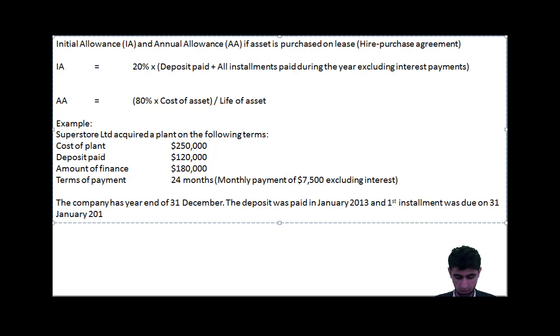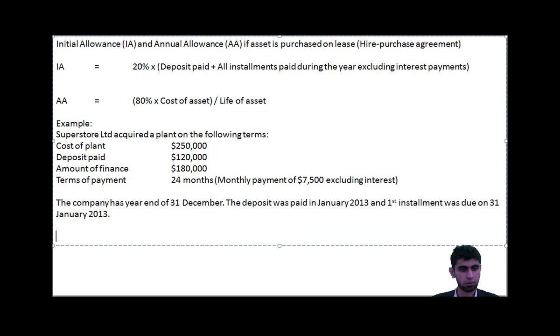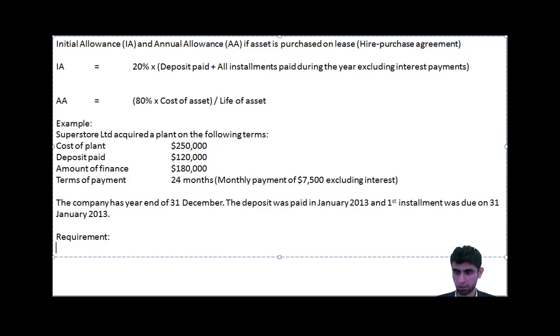Yep. So the requirement is to calculate initial allowance and annual allowance. Okay, calculate initial allowance and annual allowance. So let's try that. How to calculate the initial allowance and annual allowance in this case.